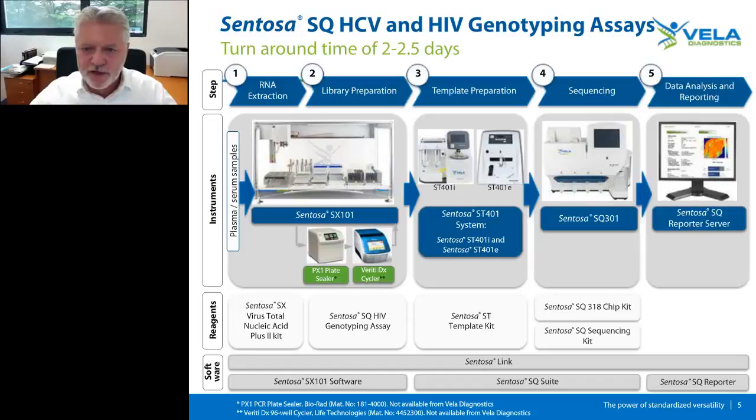Two reports are generated here. One is a quality report that gives you information about the validity and quality of a single run, and the other is a pathology report that gives you information about the clinical significance and clinical meaning of the results generated.